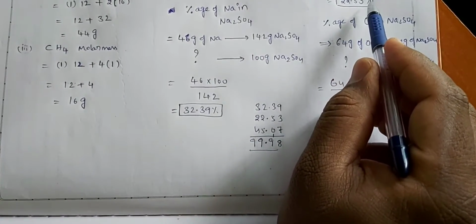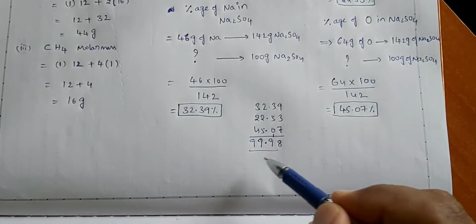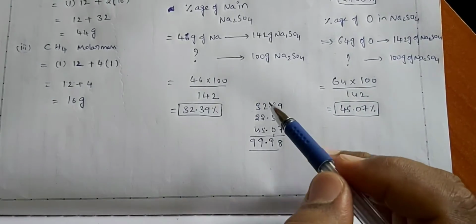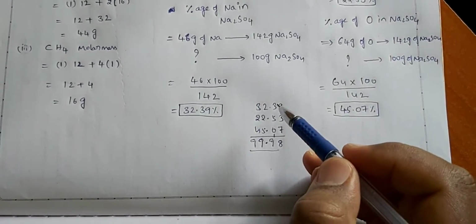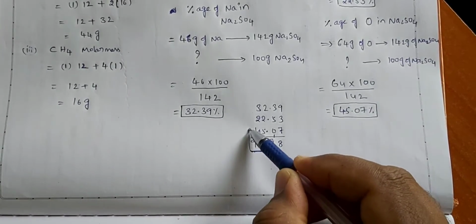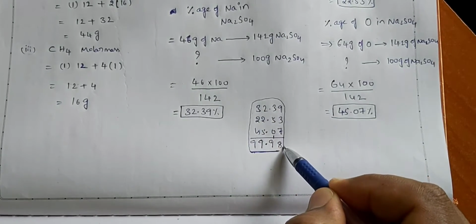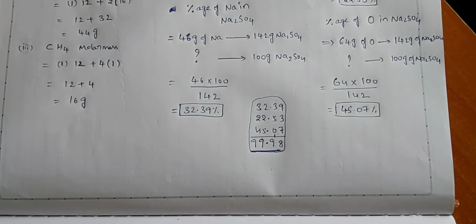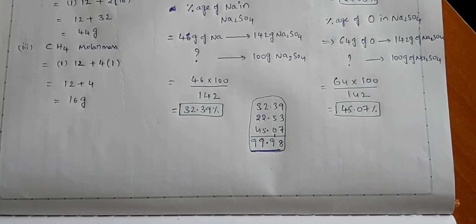After 22.53 also some digits are there. If you add exactly the total points after point also by considering up to 4 values, then you will be getting 100%. See, if you add all the percentages of elements in a compound, you will get 100%.